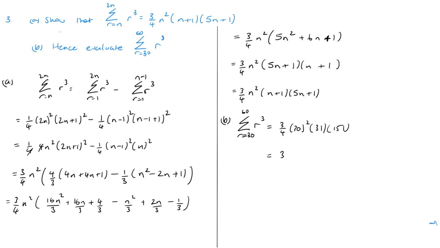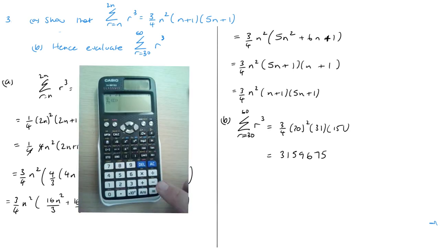So putting that all in my calculator, this is what I get: 3159675. And that is r cubed between 30 and 60. So 3159675. So again, you know, we've checked our answer, so we know we're 100% right on this one.